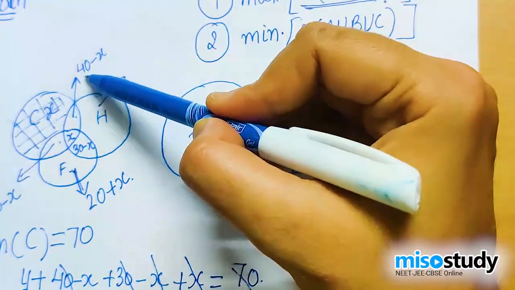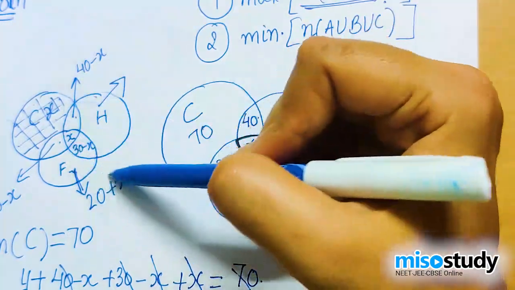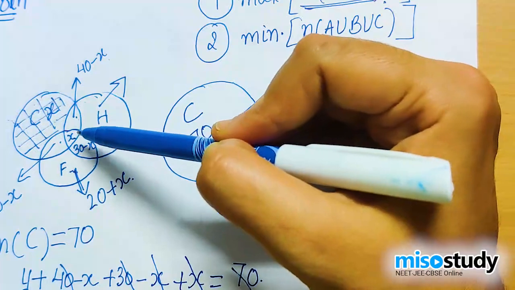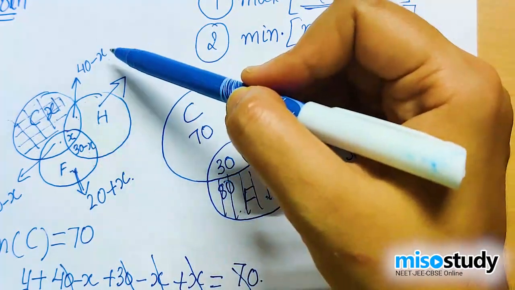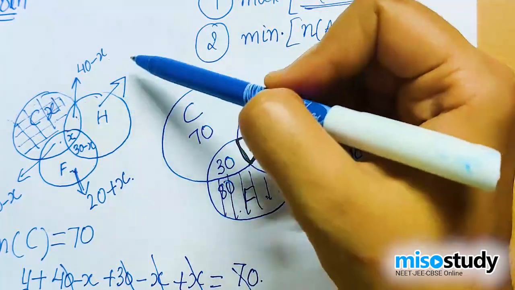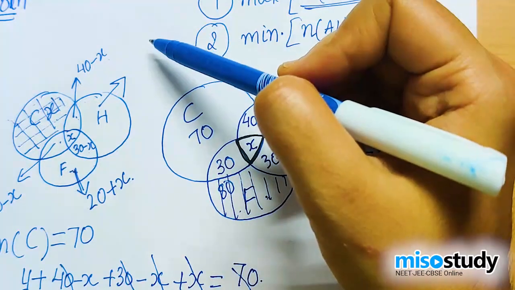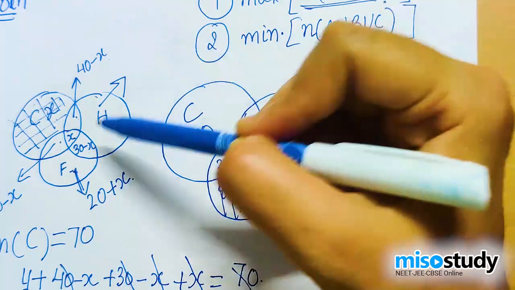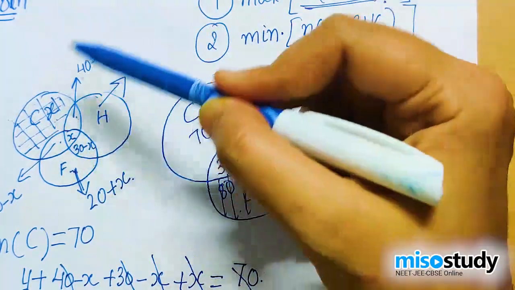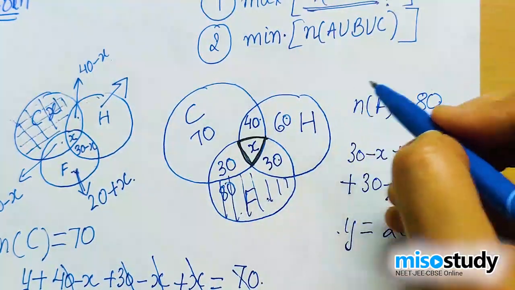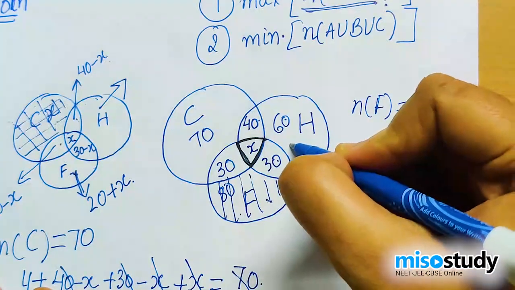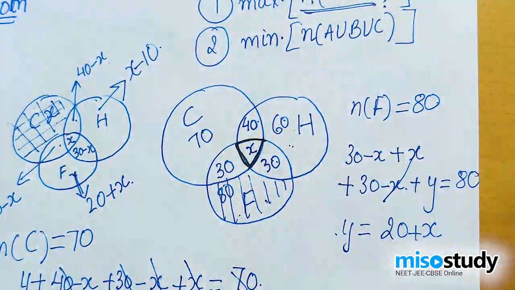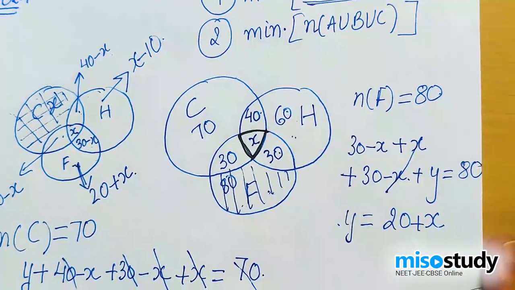This would be 70 minus X plus H equals 60, which gives me X on the other side would give you X only, minus X will turn out to be X, and this will turn out to be X minus 10. So this thing entirely would be X minus 10. I hope you understood this thing.